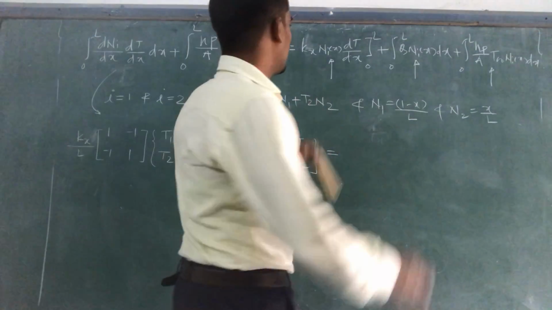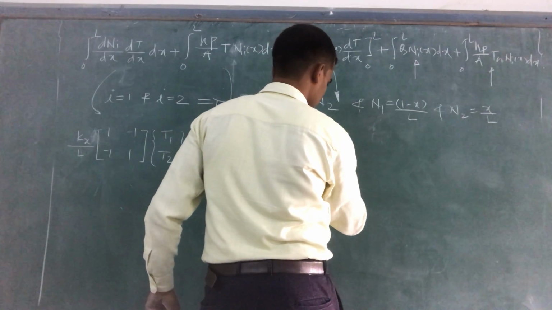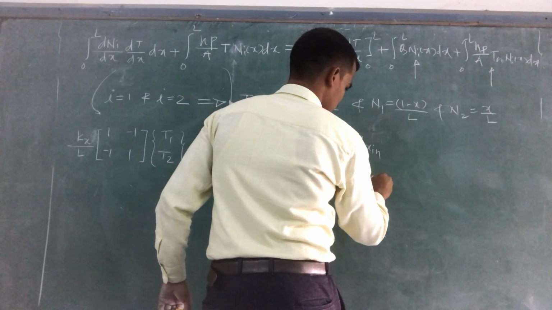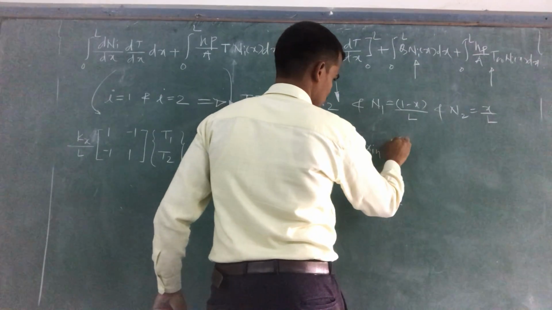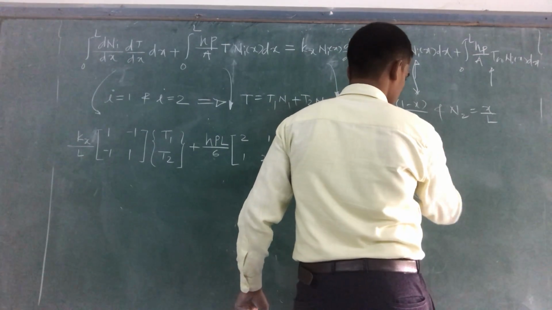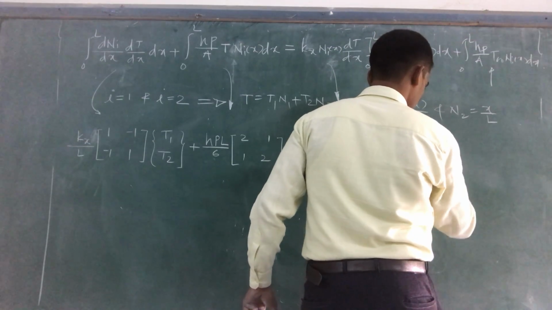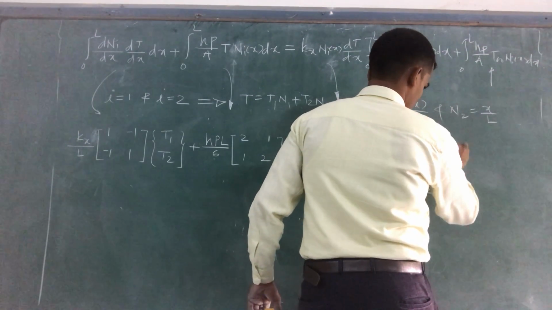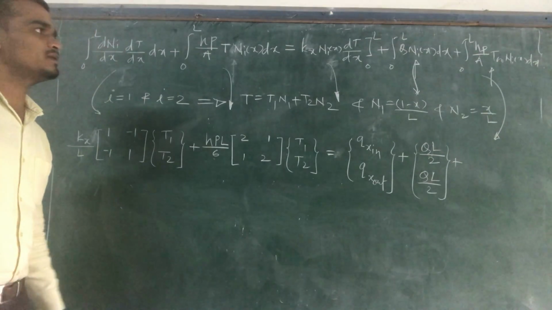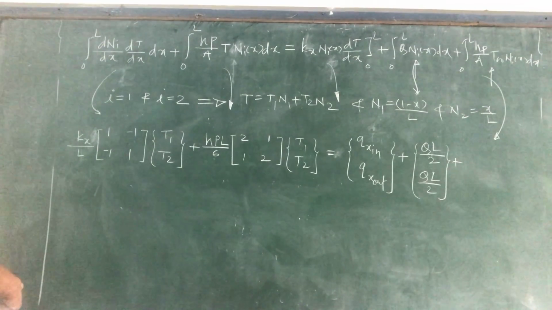is equal to, now this is the boundary condition due to the heat conduction, so you will get Qx in, Qx out, plus, this is the boundary condition related to your heat generation source, so this will become Q into A into, here area is actually ignored, so QL by 2 and QL by 2, plus, from this case you will get the boundary condition related to your convection force vector.